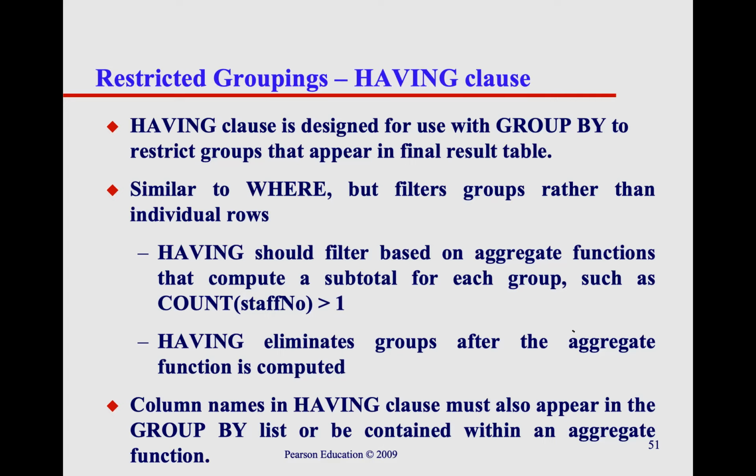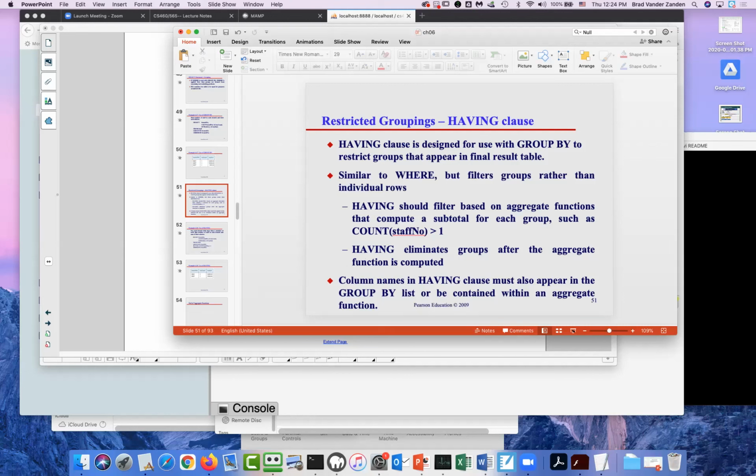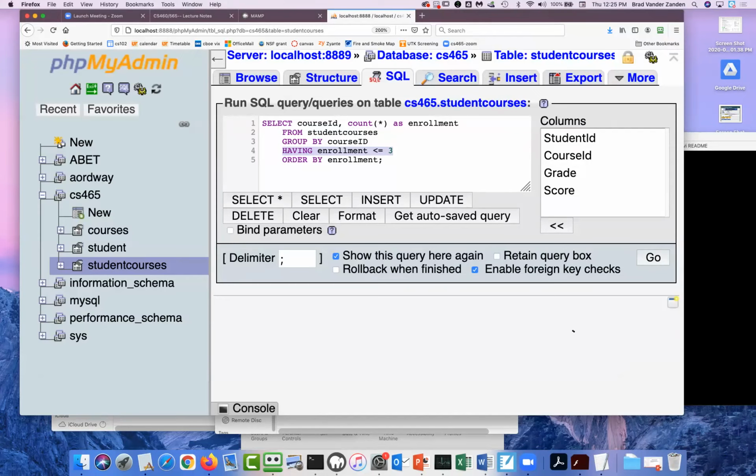So for example, let's see, go back to my query: select course ID as enrollment from student courses, group by course ID, having enrollment, order by.